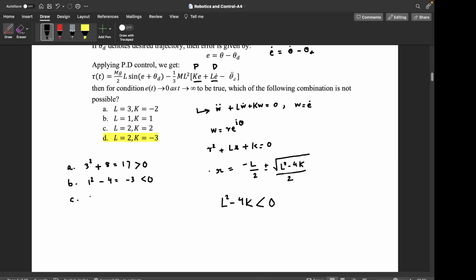Third case is 2 square, this will be again minus 4, less than 0, and fourth case is 4 minus 12, this is 16 and greater than 0, right?